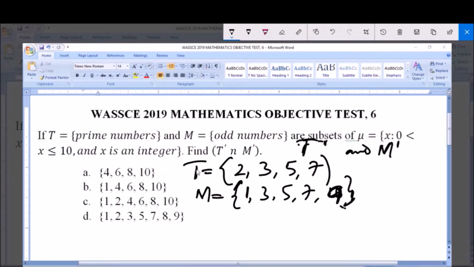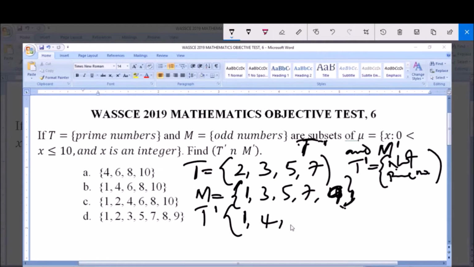T prime has to do with all the numbers in the sets that are not T. Since T refers to all the prime numbers, T prime refers to the values that are not prime numbers between 0 and 10. T prime will be 1, 4, 6, 8, 9, and 10.